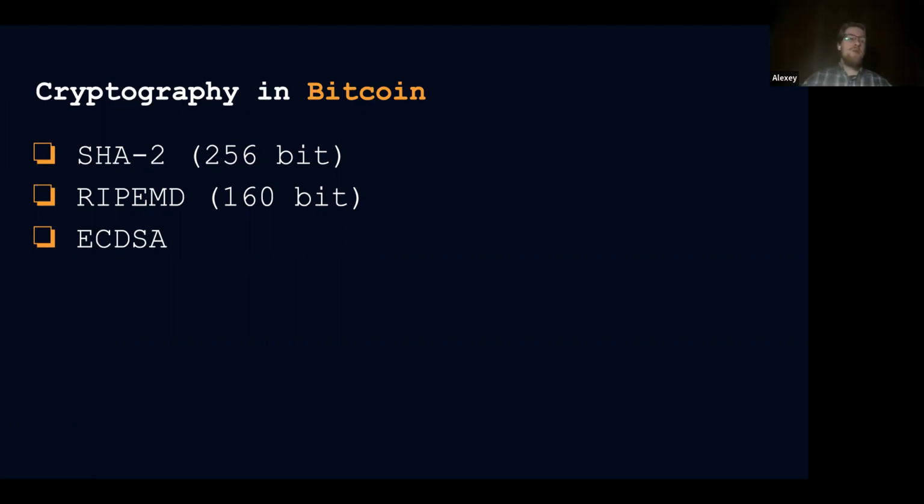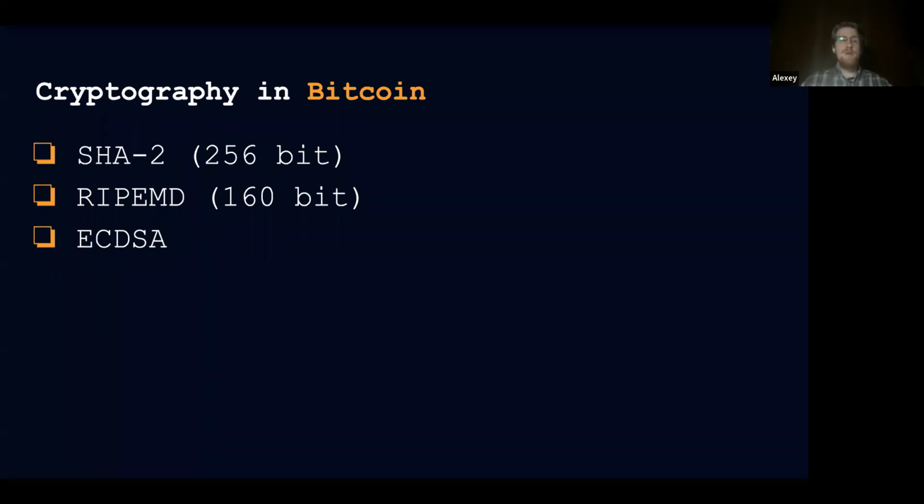Basically, Bitcoin stands on these 3 whales of cryptography: the SHA-2 hashing algorithm, which produces hash values with the size of 256 bits, the RIPEMD hashing algorithm, which produces hash values with the size of 160 bits, and the ECDSA digital signature algorithm based on elliptic curves. And these three algorithms are enough for Bitcoin to exist. Basically, it needs nothing more, and it can work just fine only with these three.